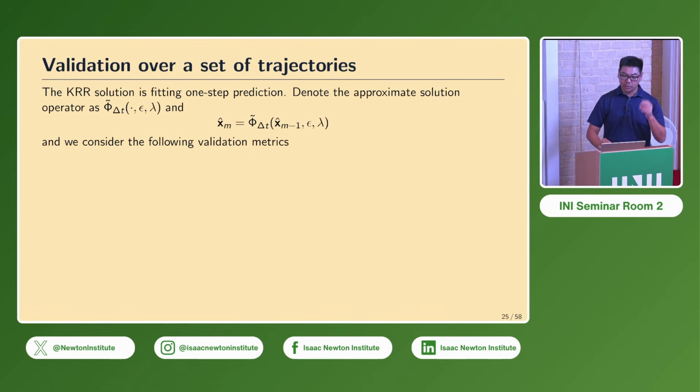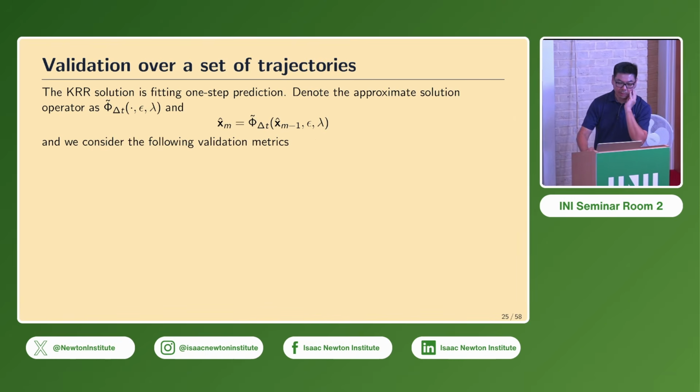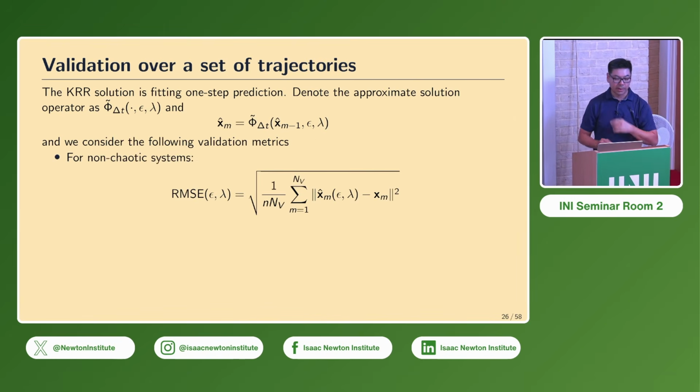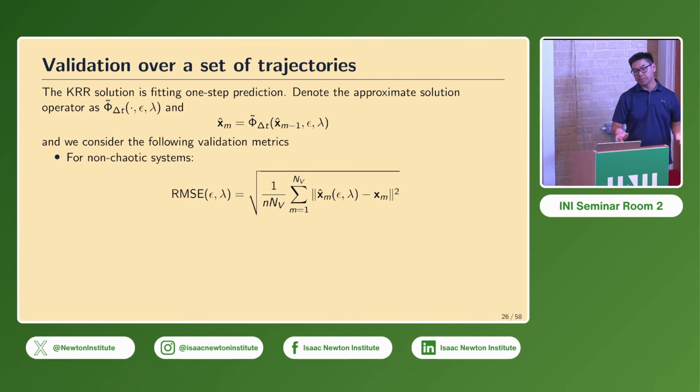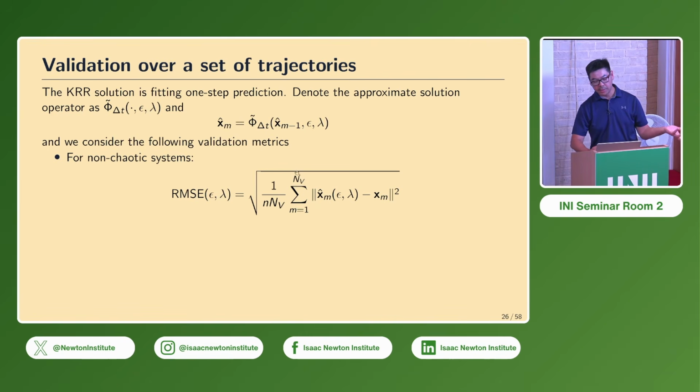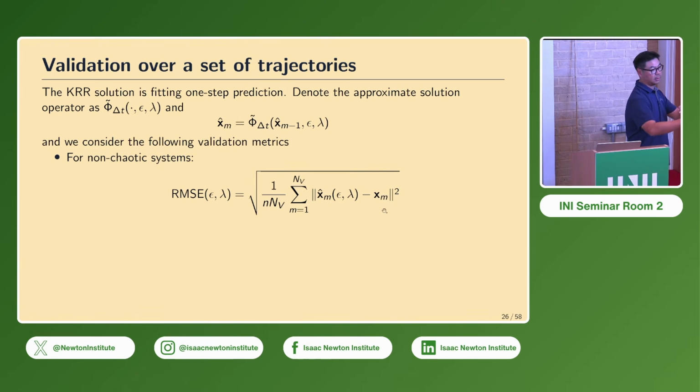Okay. So suppose v tilde here, for a choice of epsilon and delta, is the notation for my estimate after I do my KR. Let's consider the following validation metric. If the system is not chaotic, you basically iterate this and compare to your validation data over a horizon of time.